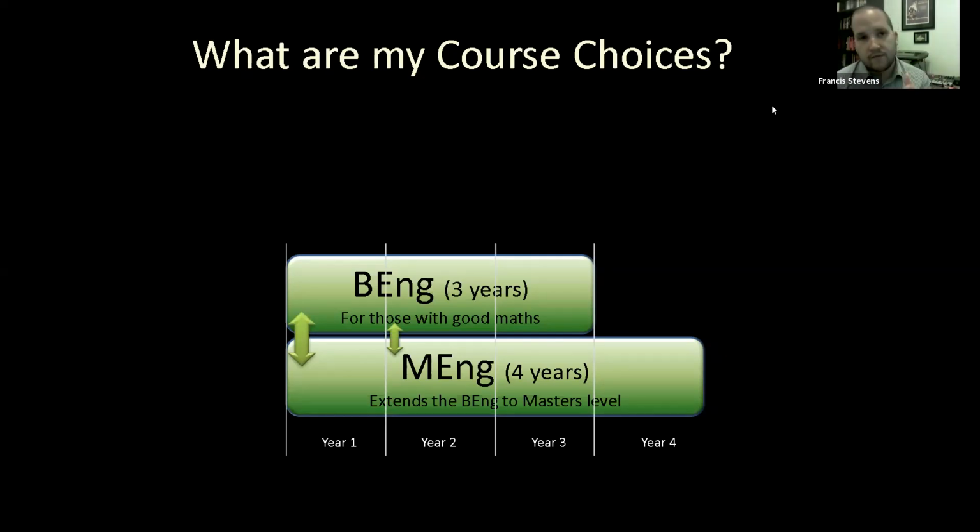Where they differ is that in the third year of the BEng course, you do your final year project, whereas in the MEng third year, you continue working on different modules, and there's a big software engineering, or SWENG, project which you do before your final fourth year, doing individual projects.